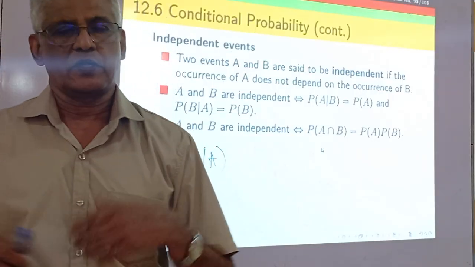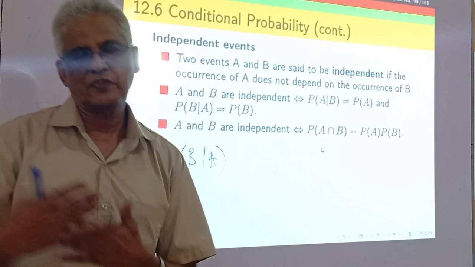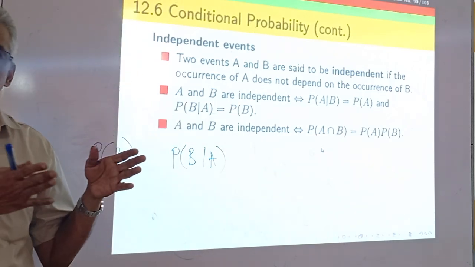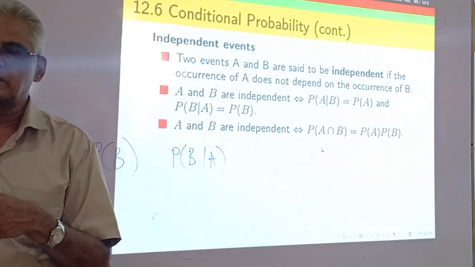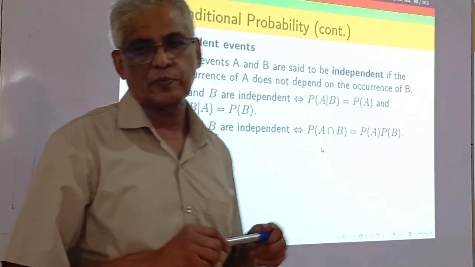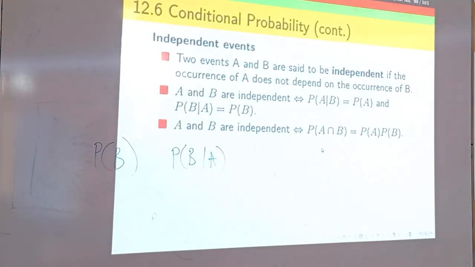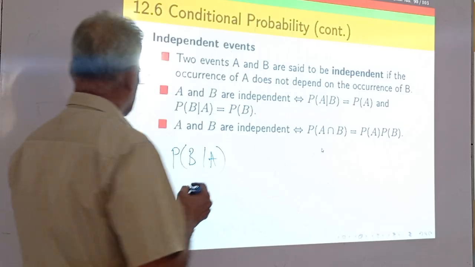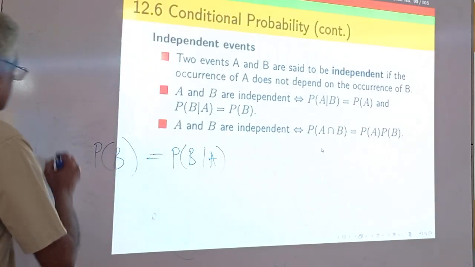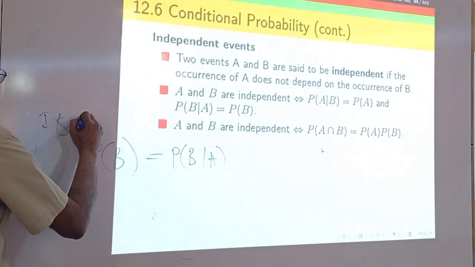Two events are independent if and only if the conditional probability of one given the other is the same as the unconditional probability of the first. So that is the definition. These two are equal if independent.